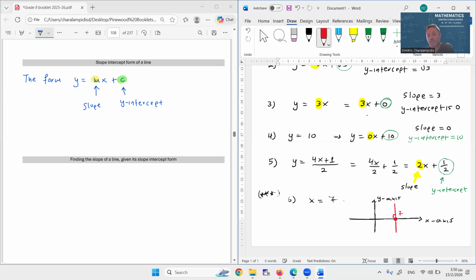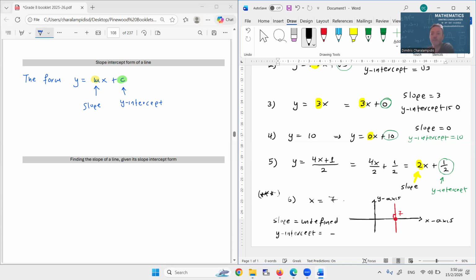In this specific line, we say that the slope is undefined, we don't have any slope, and the y-intercept simply is not there. We don't have any y-intercept.